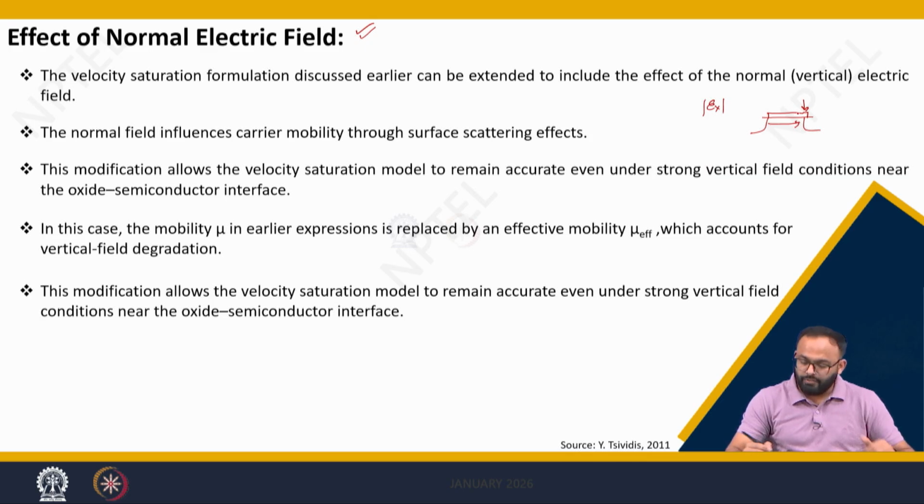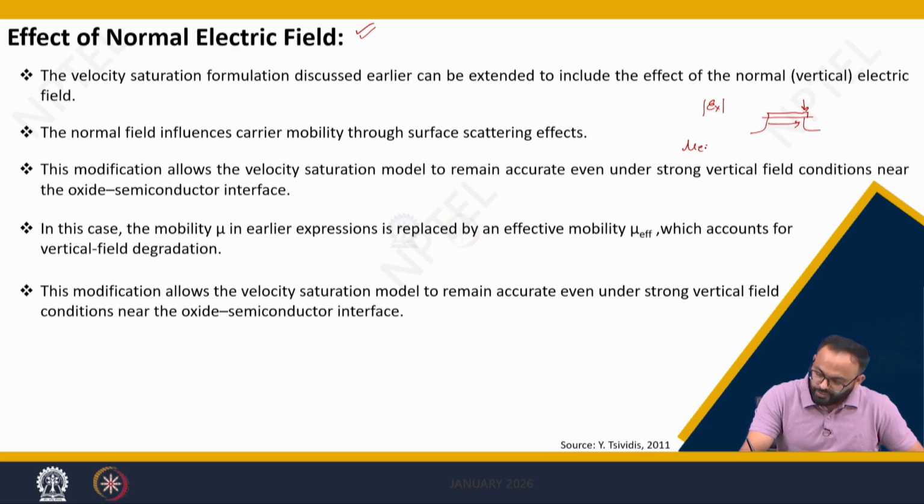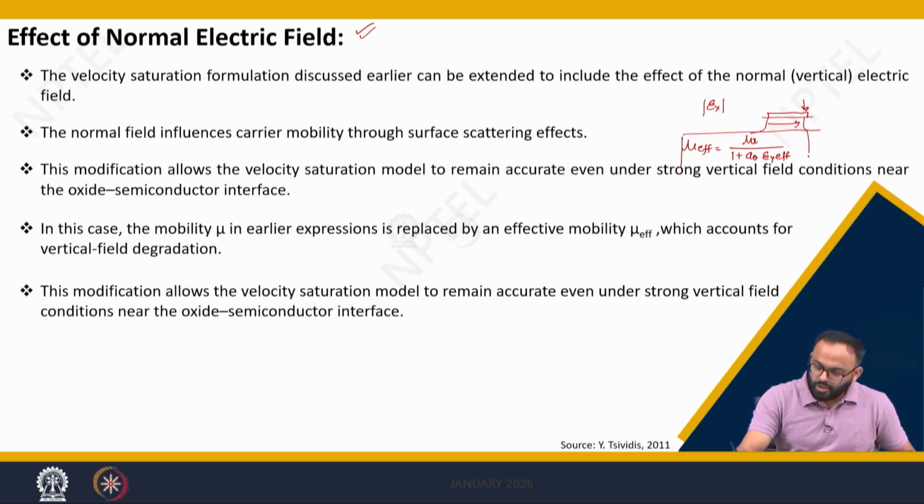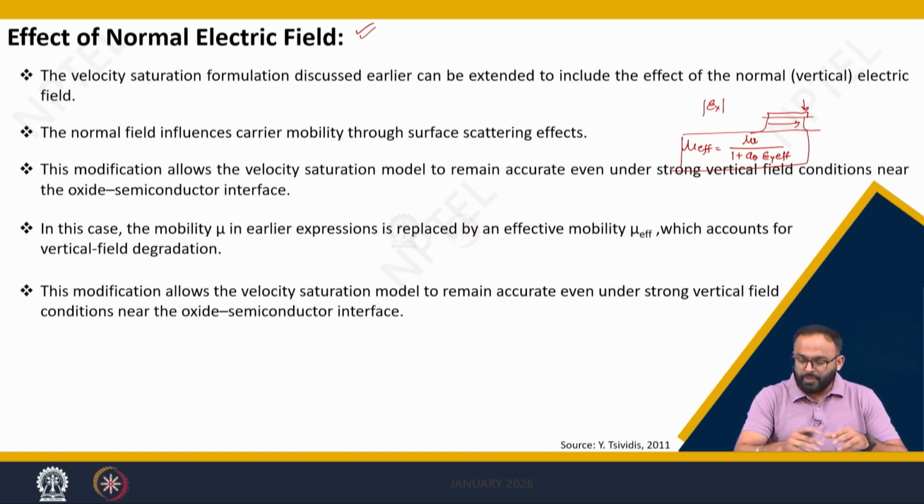So to do so, we can incorporate mu effective, because we have seen that in mu effective we can incorporate the impact of vertical field as theta into Ey effective, correct. So when you need to model a particular equation incorporating all the phenomena together, then you need to incorporate vertical field using mobility models and horizontal field using velocity saturation model.